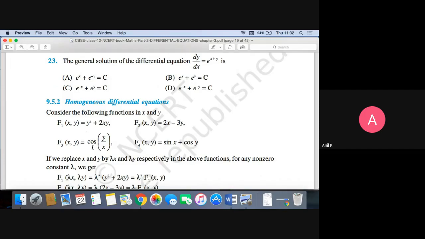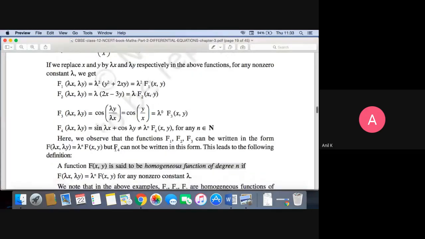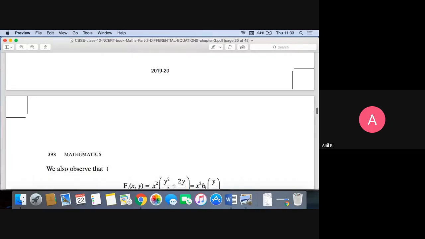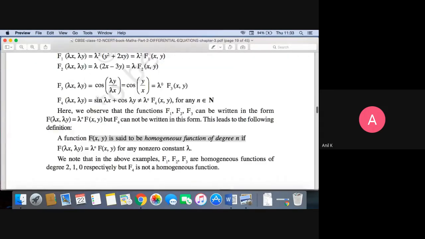That you can always write. Here they clearly mention the value of lambda: for any non-zero constant lambda, lambda can be any non-zero number. Lambda cannot be 0, but lambda to the power of n is there, so n can be 0, no problem. So those are all homogeneous functions.